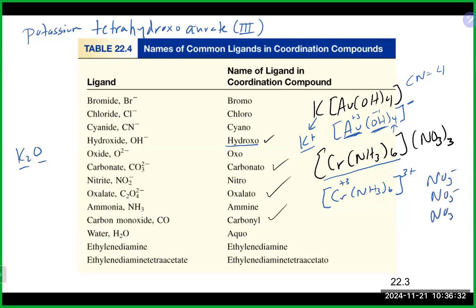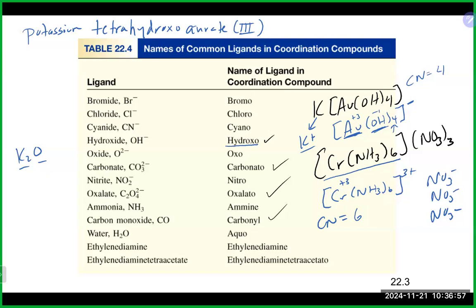In this case, our coordination number is going to be 6, as each of the NH3 ligands is monodentate, and there's 6 of them attached directly to the chromium. Now, because the complex ion here is positive, we can use just the regular name for chromium.